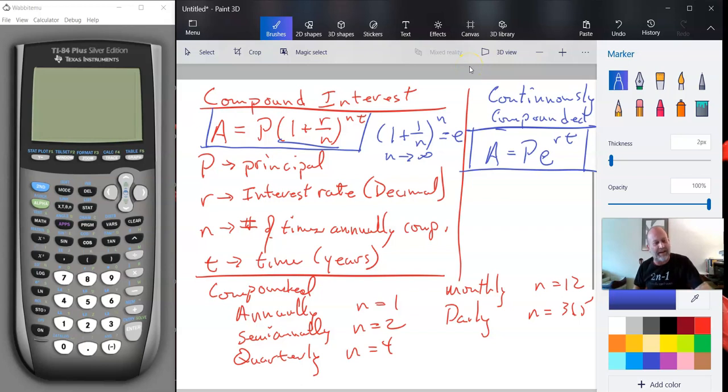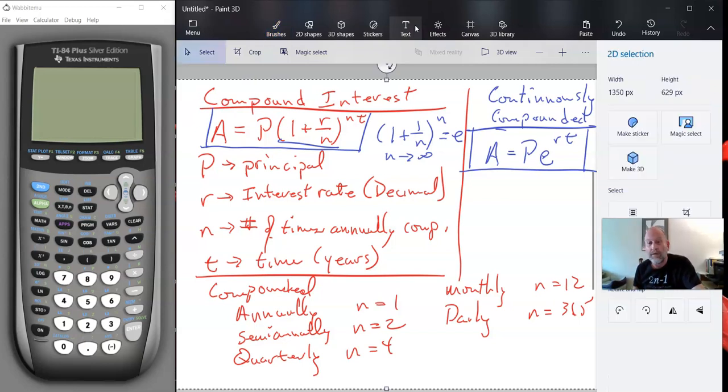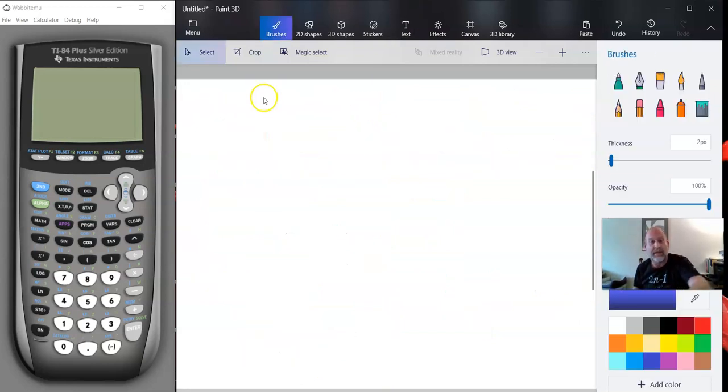Okay, so hopefully you have that down, and hopefully you've seen this before, but if you haven't, then let's go ahead and take a look here. So let me go ahead and delete this, and then we'll take a look at an example.